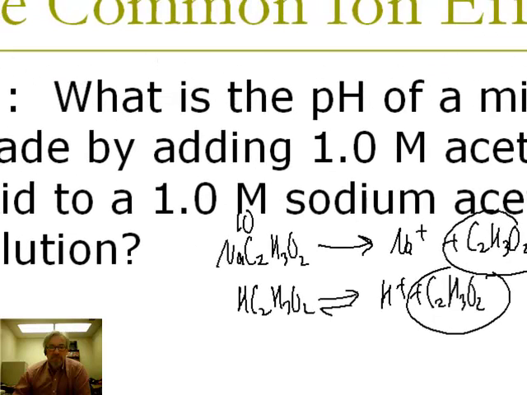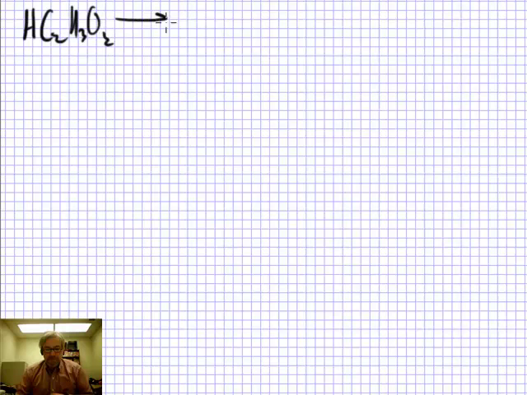So let's look at what would happen if we had HC2H3O2 dissociating to give us C2H3O2 minus and H plus. But here what we know is the initial concentration of acetate isn't 0 like it would be typically when we set up these ICE charts.